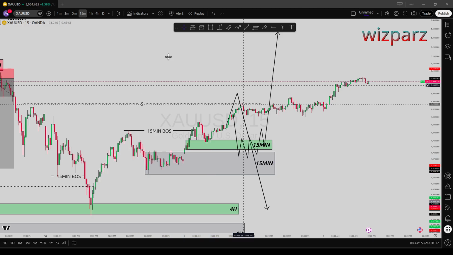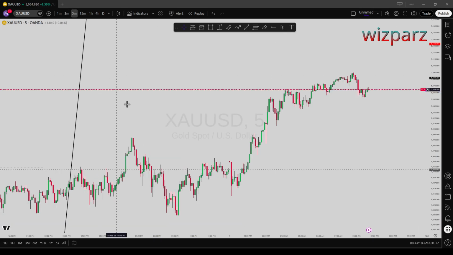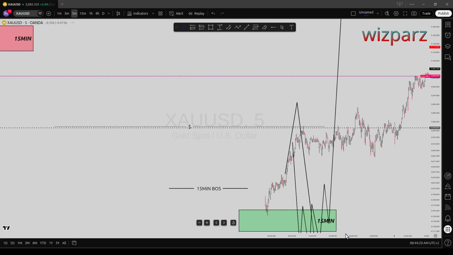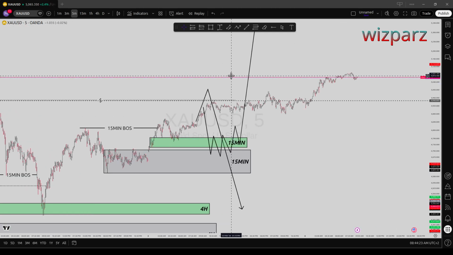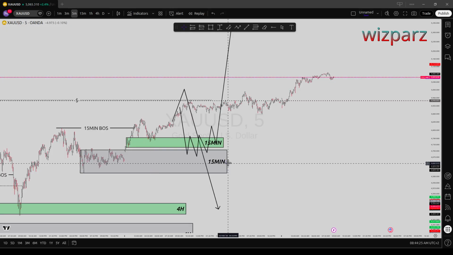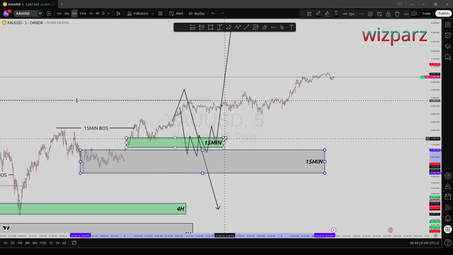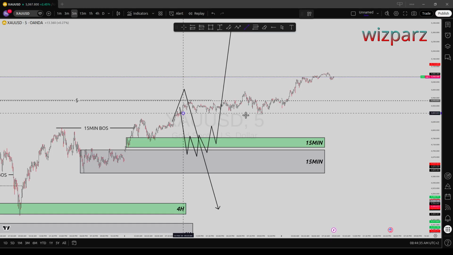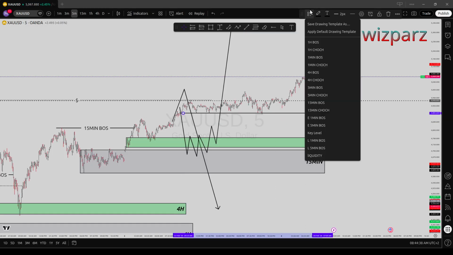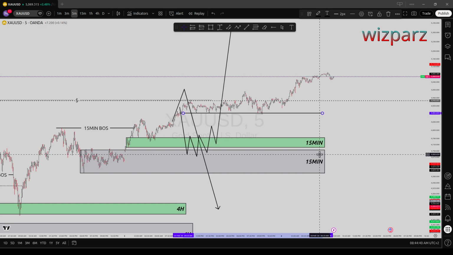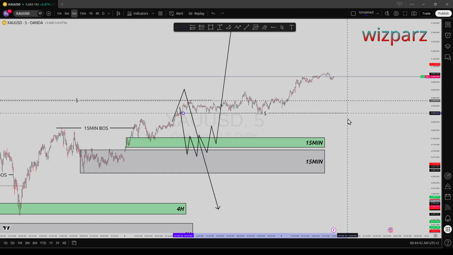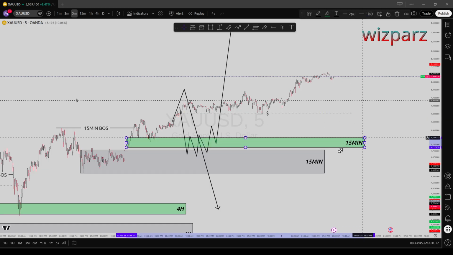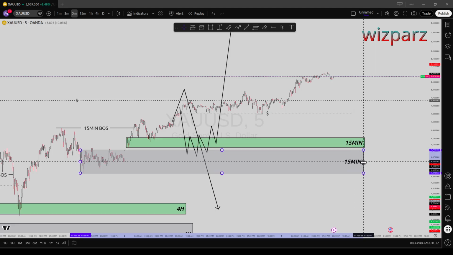Unexpectedly, the market didn't come back to this area, but still this zone is still valid, so we can expect price to come back to this area of 15-minute trend and then liquidate this liquidity I think here, and then we can look for market shift on 1-minute time frame, which is good.